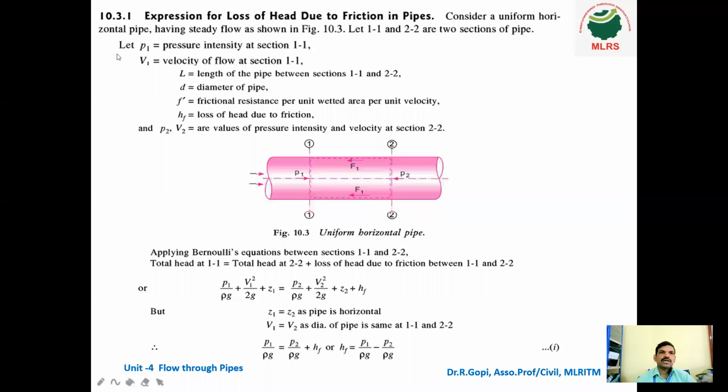Let P1 be the pressure intensity at section 1-1 and V1 the velocity of flow at section 1-1. Since the diameter is the same, the velocity is also the same.